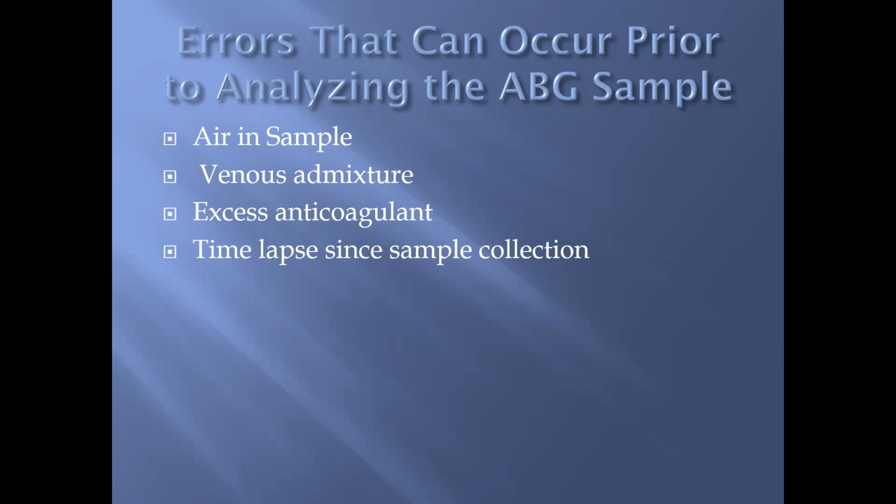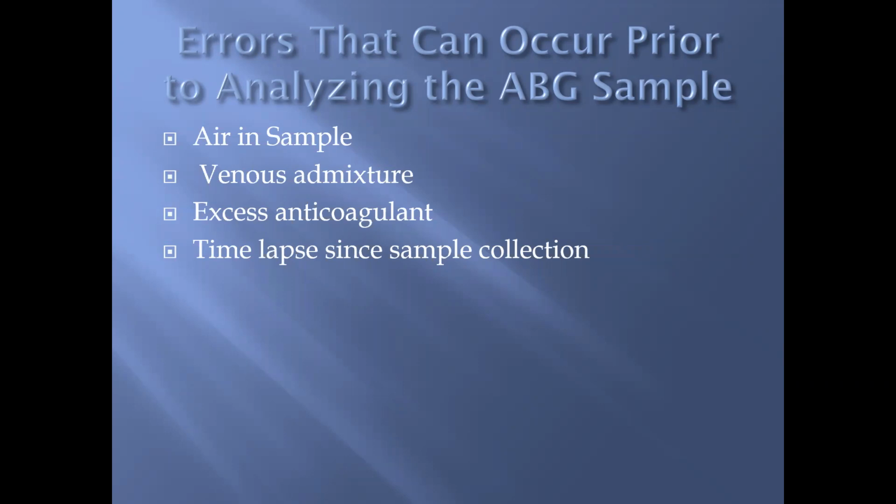Another error that can occur is having excess anticoagulant. Some syringes have liquid heparin in them. Some syringes have dry heparin. What have you seen used in the hospital? Everybody's seeing dry heparin? Okay.